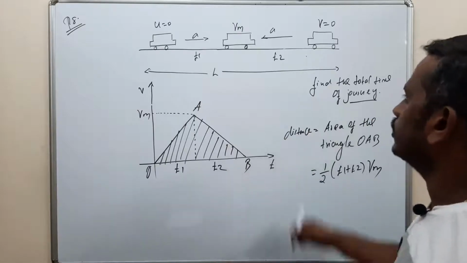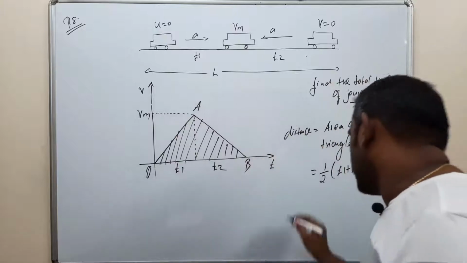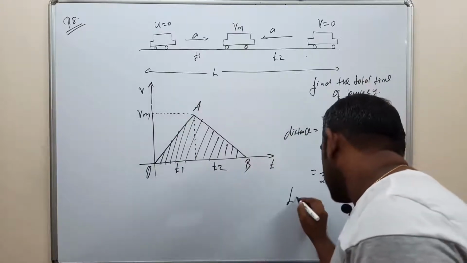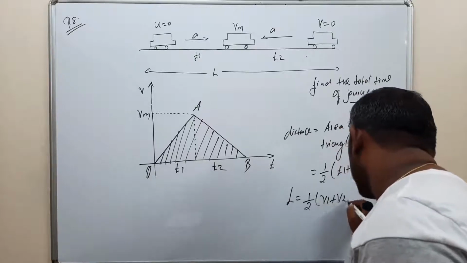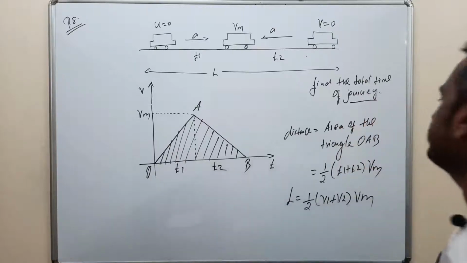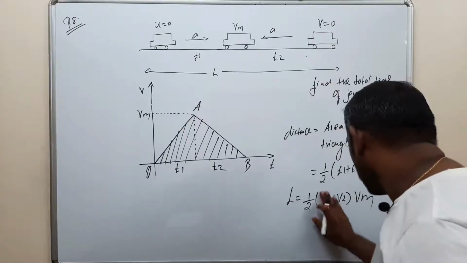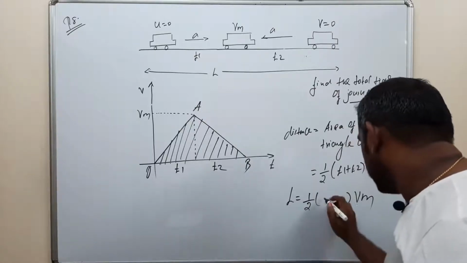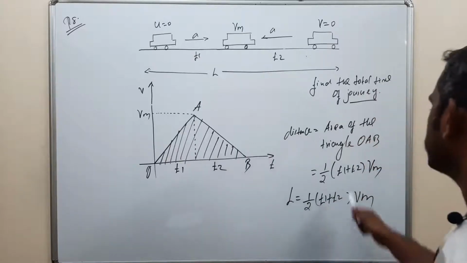In the question it is given that the total distance traveled by the car is capital L. So L is equal to half into T1 plus T2 into Vm.